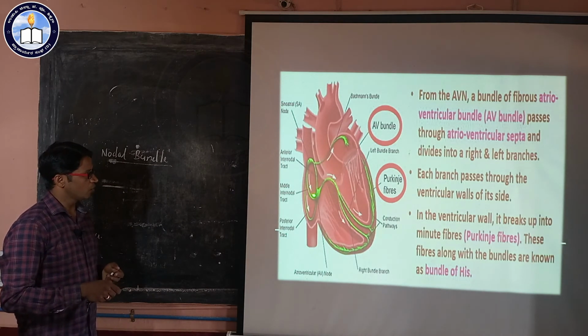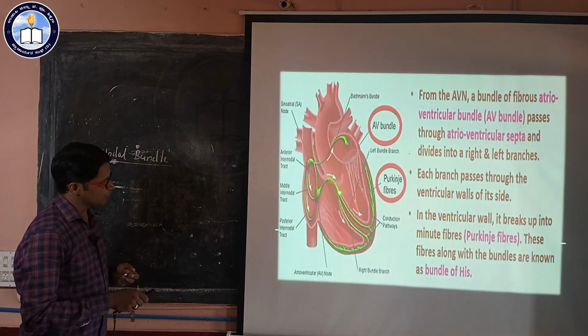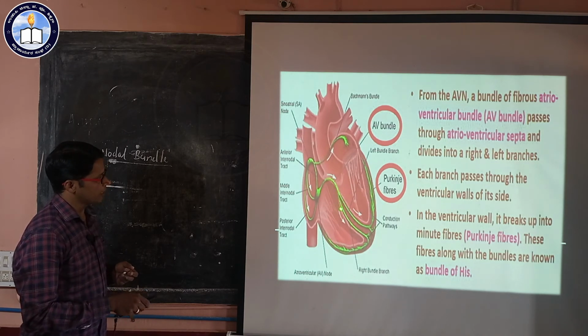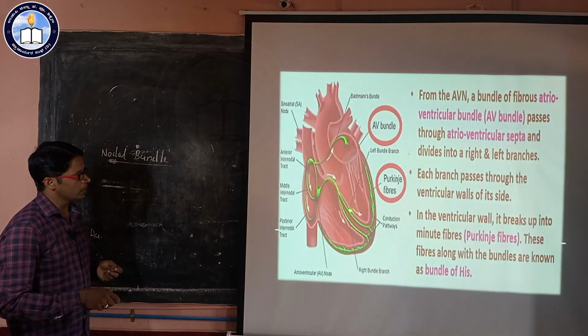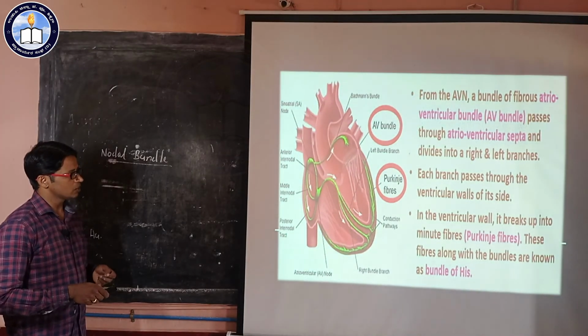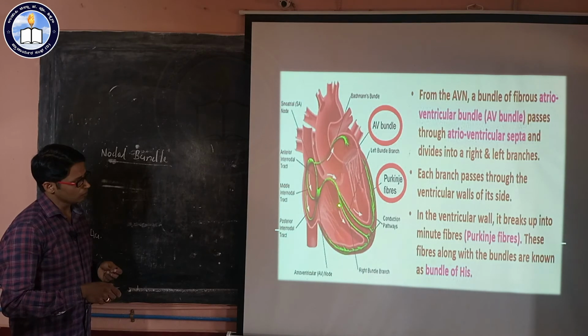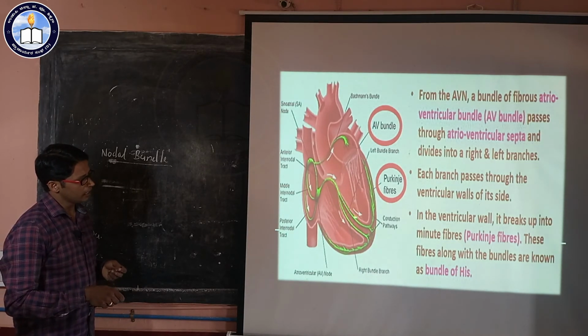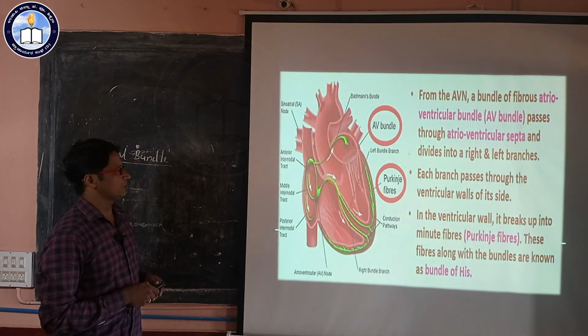So from the atrioventricular node, a bundle of fibers arises and continues. Through what does it pass? It passes through the atrioventricular septum, and now it is divided into a left branch and a right branch. The atrioventricular bundle is divided into two different branches, the left branch and the right branch, and these branches pass through the interventricular septum, in its right part and left part.